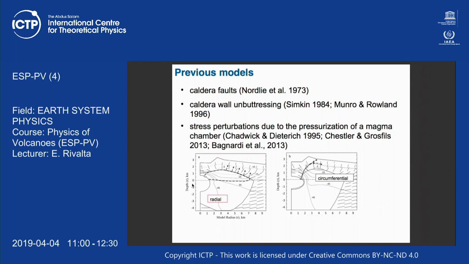So this would be radial. If you have a flatter magma chamber, then maybe you would have circumferential ones, but they would go this way, with the concavity like this.